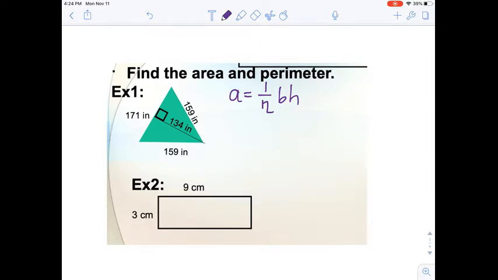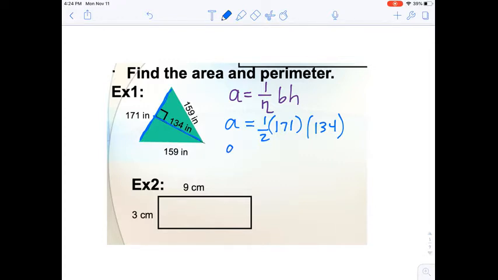We're trying to find the area, so we're going to leave that as A. Area equals 1/2. Our base is right here, 171. It's multiplied by our height, that perpendicular line, so it's 134. We know that's our base and our height because they form that 90-degree angle.